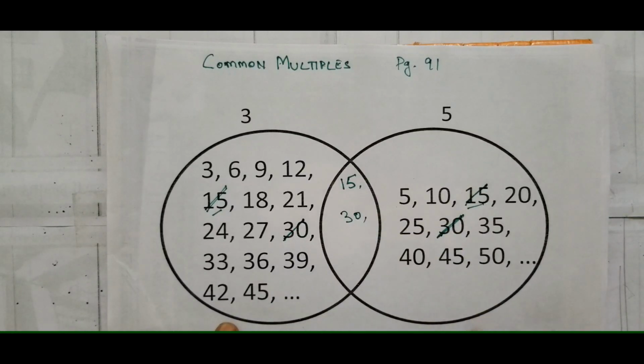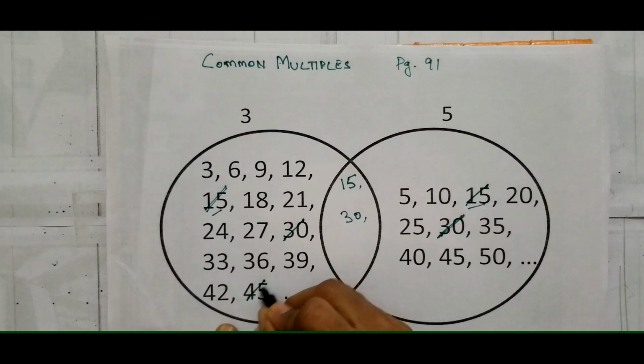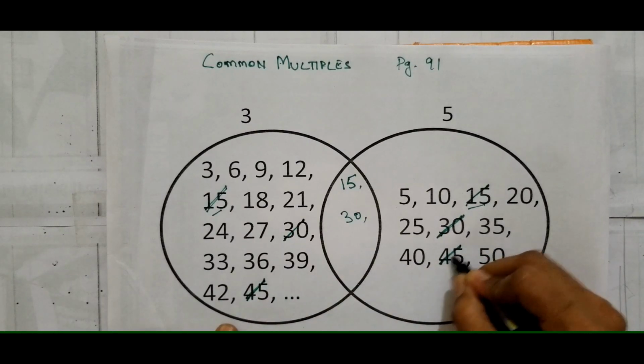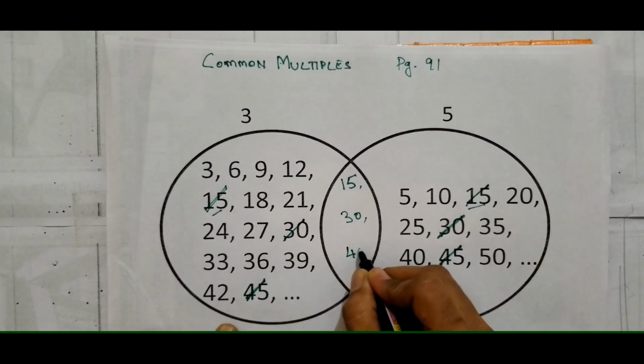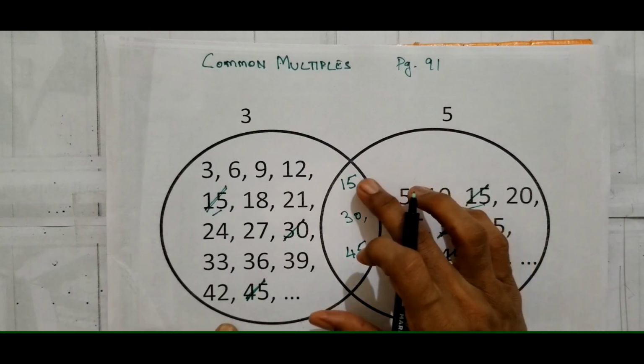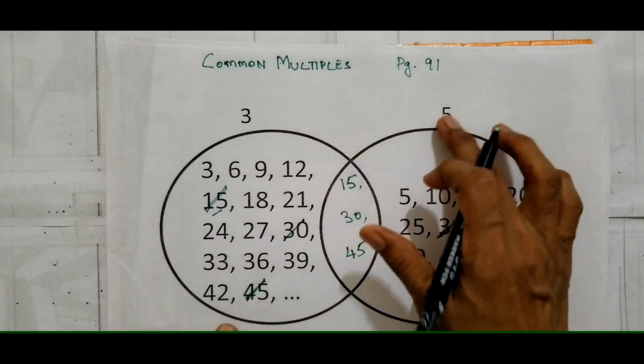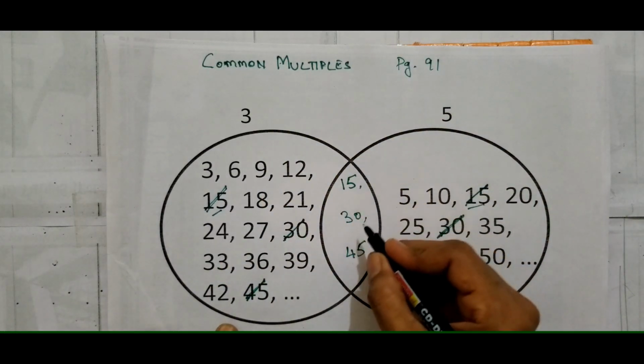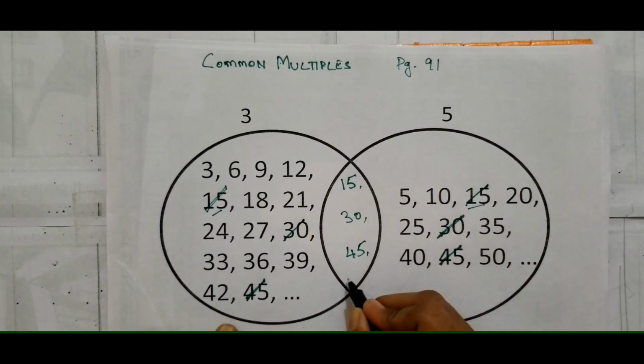Which number will be the next? Yes, 45. So now we know the common multiples of 3 and 5 are 15, 30, 45 and so on.